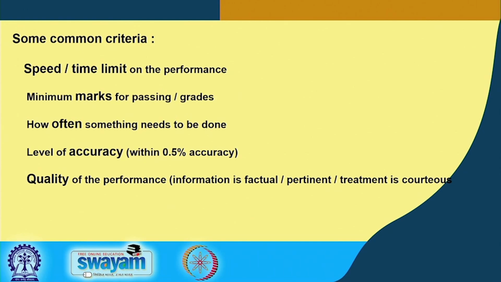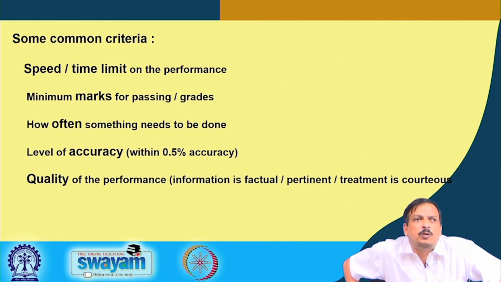So the criteria component basically defines the level of the outcome. I can say up to this level is sufficient, and that level is defined by the criteria component. Speed, time limit, maximum or minimum marks, how often, level of accuracy, and quality of the performance are all part of the criteria component.